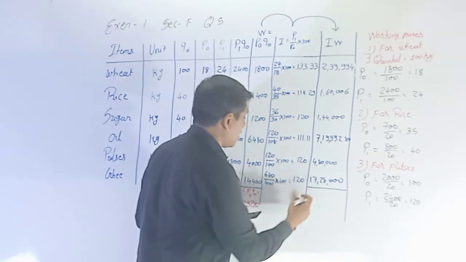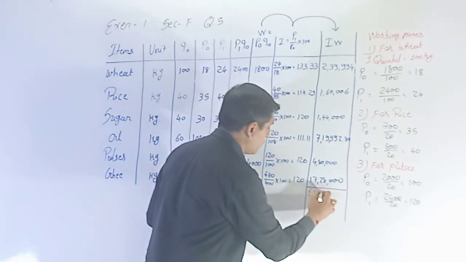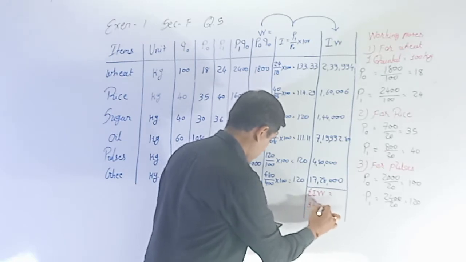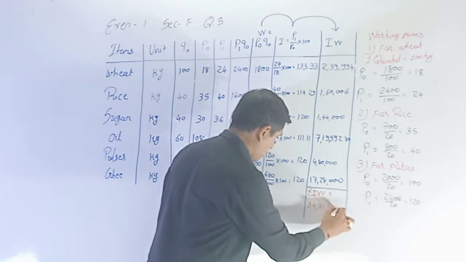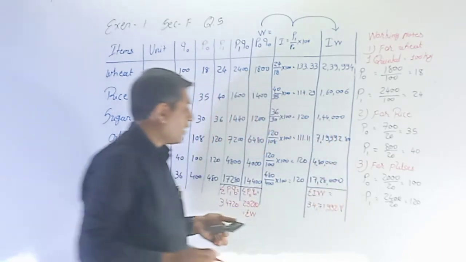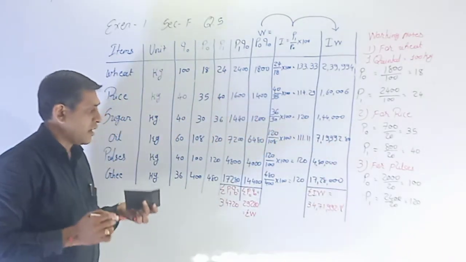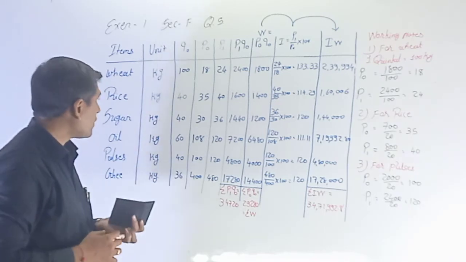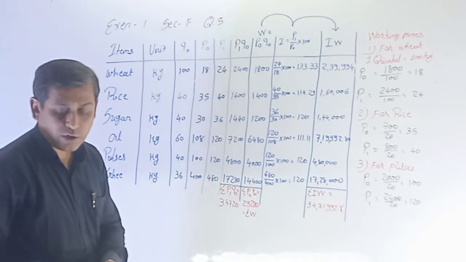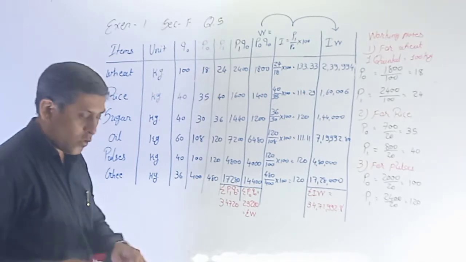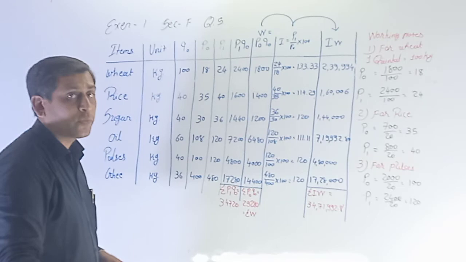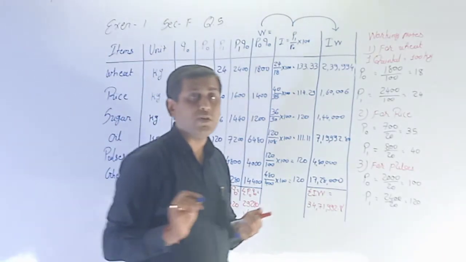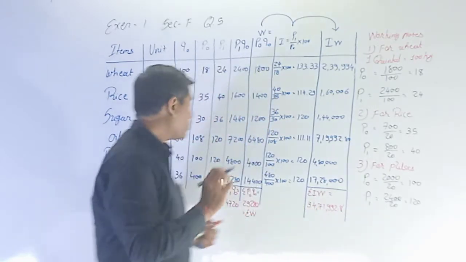So the total, that is sigma IW, is equal to 34,71,992.8. Okay, so here you can say that this calculation is over. Now we have to just put the values into the formula. First of all, we have to find out the total expenditure method index number.